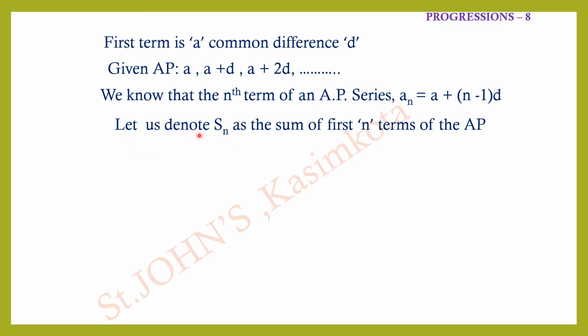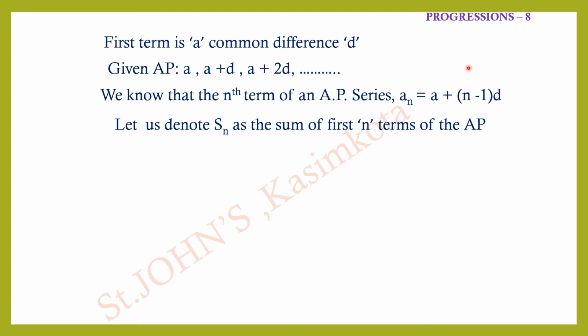Let us denote Sn as the sum of the first n terms of the AP. Sum means add all the terms: a plus (a plus d) plus (a plus 2d), and so on, plus (a plus (n minus 2) into d) plus (a plus (n minus 1) into d).